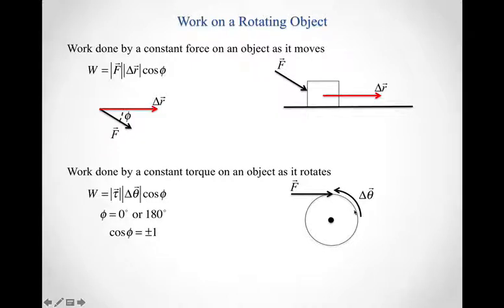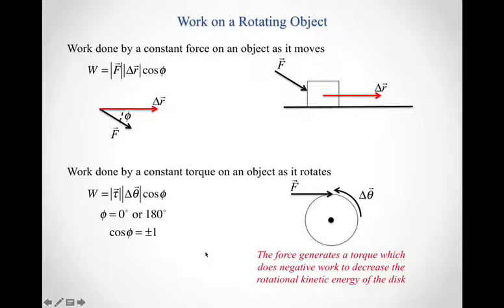If the disk is spinning counterclockwise, that angular displacement points out of the page. So this is a situation where the torque generated by this force points in the opposite direction as the angular displacement. The angle between them is 180 degrees. The cosine of 180 degrees is -1. So here's a situation where the force generates a torque which does negative work. That negative work goes towards decreasing the rotational kinetic energy of the disk.